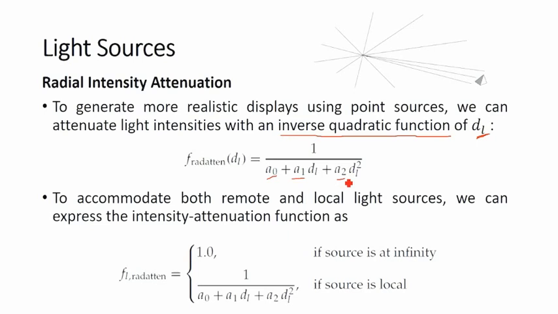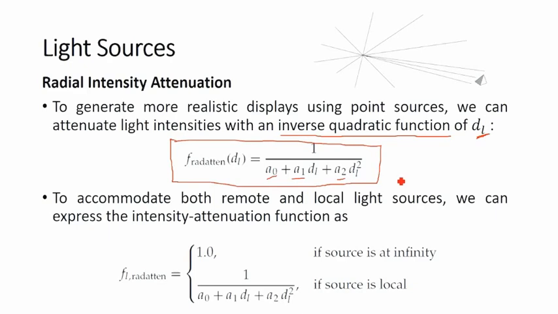We can change these constant values to get an appropriate amount of variation in the intensity after attenuation. So we can use this formula to model radial intensity attenuation effectively.